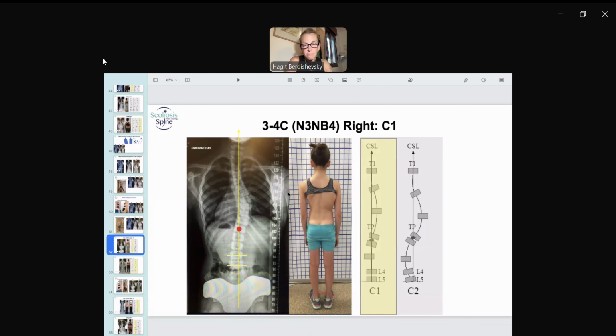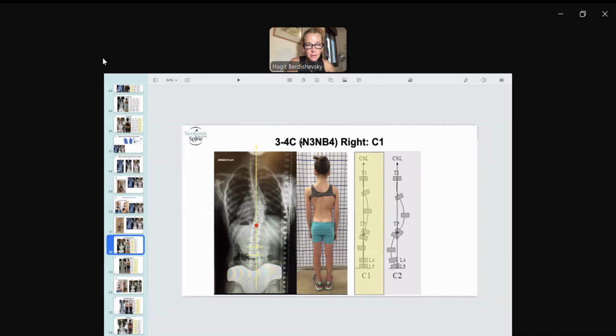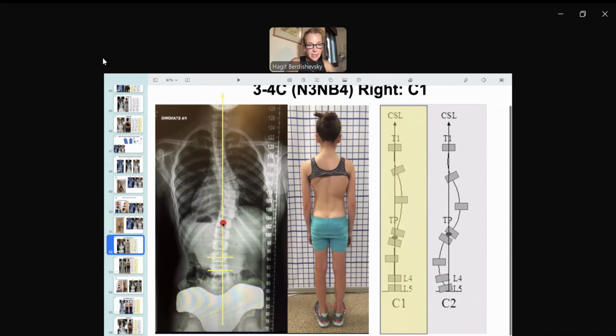So this is the C1 type. In this girl, we see the transitional point on the central sacral line. Her L4 and L5 are horizontal. Maybe they're a little bit towards the left side. So maybe something will come, but right now, no lumbar curvature. Usually you can also look at whether they are rotated, and they are not.